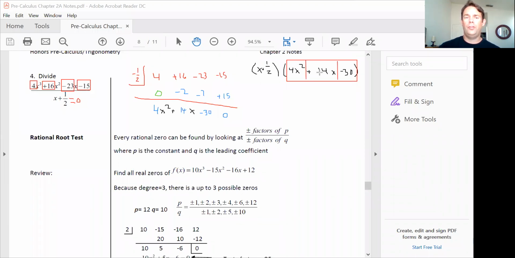You should hopefully see that they all have 2 in common. I can pull out a positive 2 out of that. That would have left me with a 2x squared plus 7x minus 15. And again, you don't have to do this. I just want to show you something real quick. So when I multiply it, I have x plus 1/2 times 2 times 2x squared plus 7x minus 15.